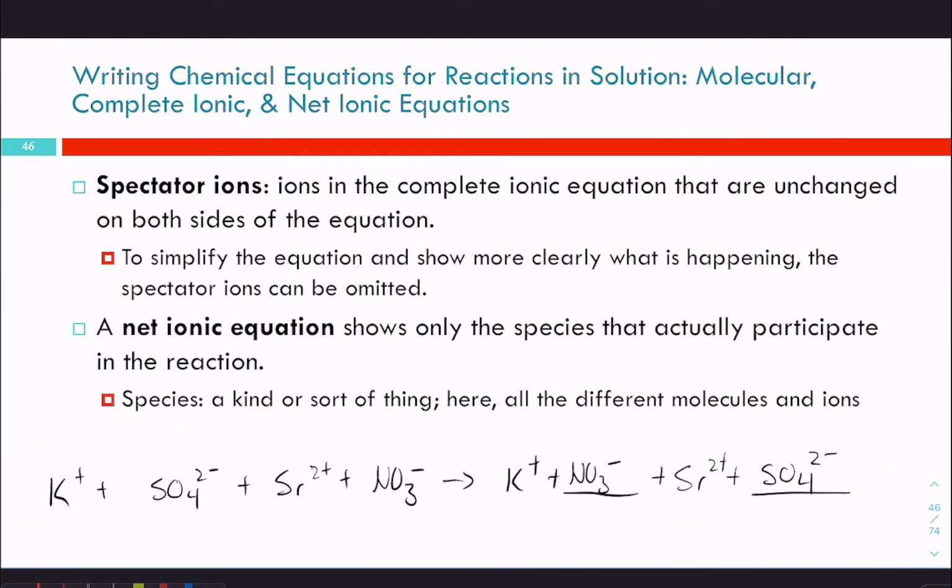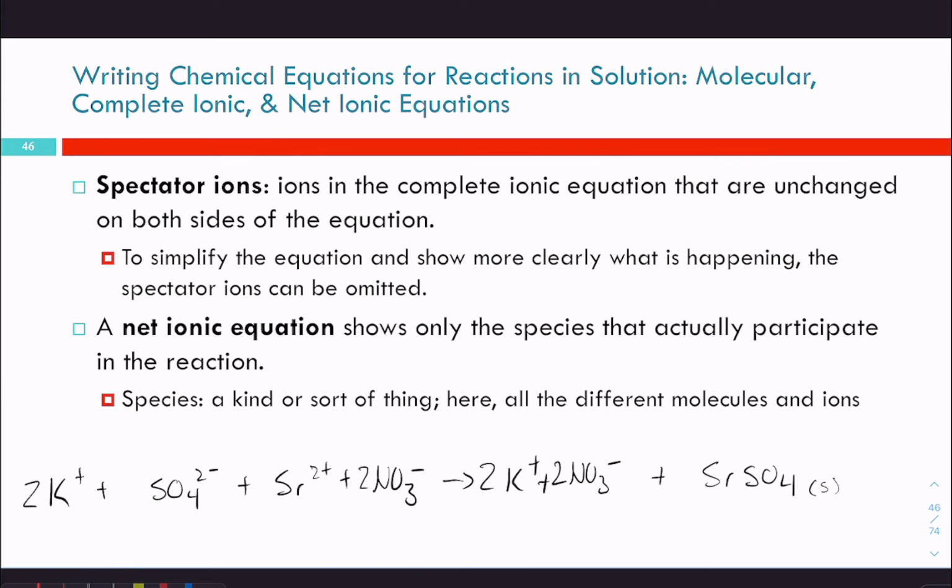If I go through here, we would have 2 and 2, and these would actually be 2 and 2 as well.